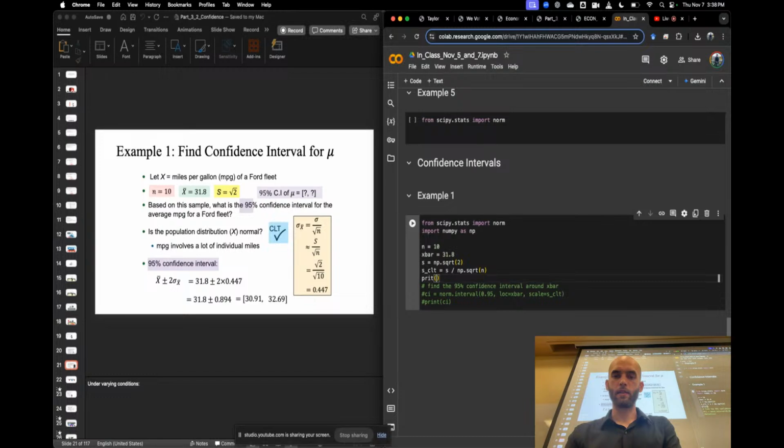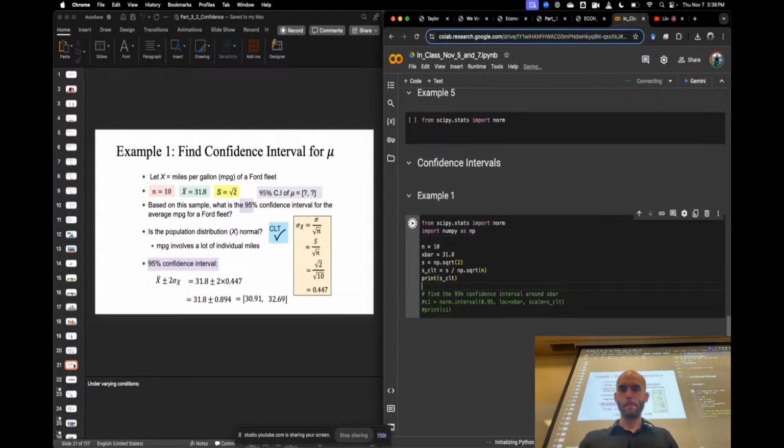If we wanted to, we could just print this out directly. So we could print SCLT, and this will give us something pretty close to 0.447. What happened in the slides is a rounded number.